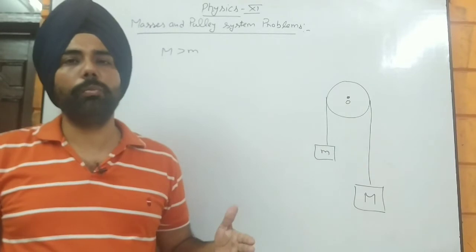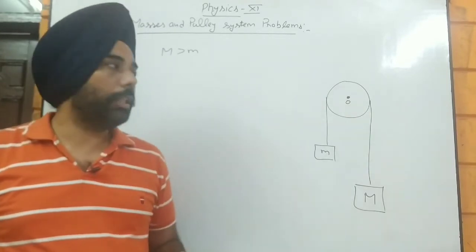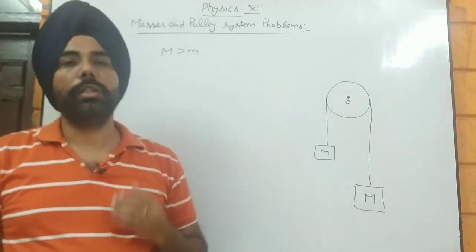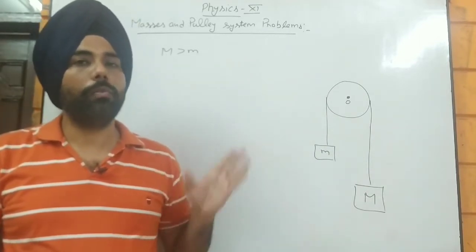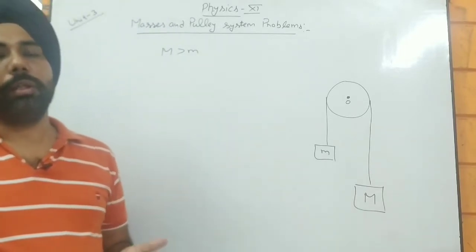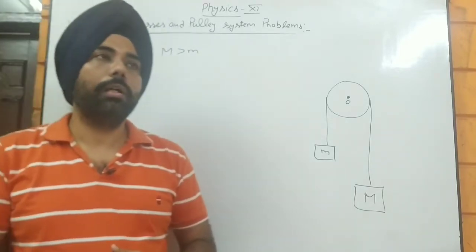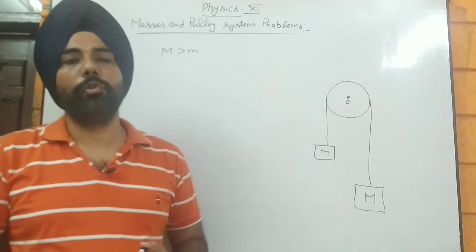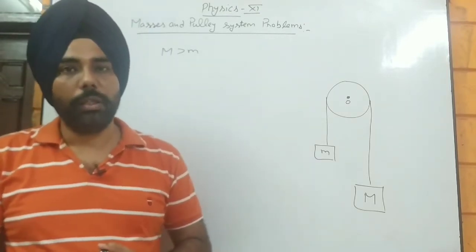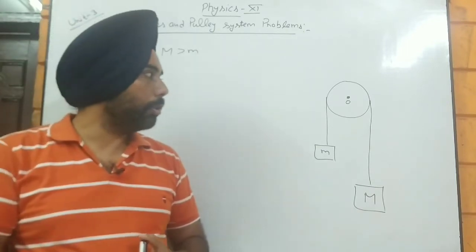If those formulas are in your formula list and you understand the topic well, then you can solve any numerical problem of mass pulley systems. This topic is very important from the point of view of IIT JEE and NEET, also BITSAT, so focus on that.